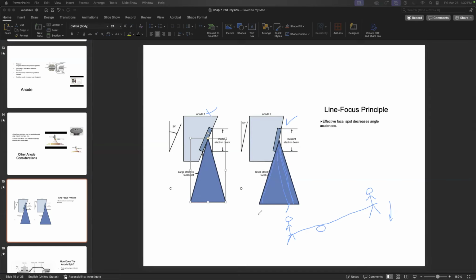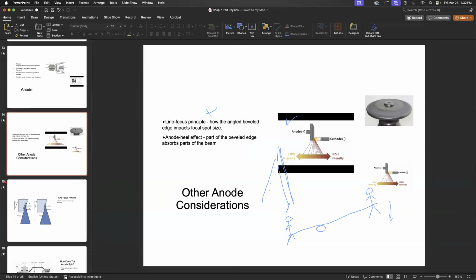So you'd still have the same beam width, but there would just be a lower intensity because some of these would be absorbed in here. See how this is touching? Over here, it's not touching. Okay, I got you. I didn't have time to draw a proper triangle, but this would just be more exaggerated with a smaller angle, is what it's saying.